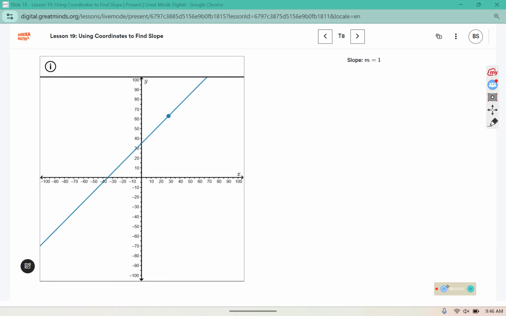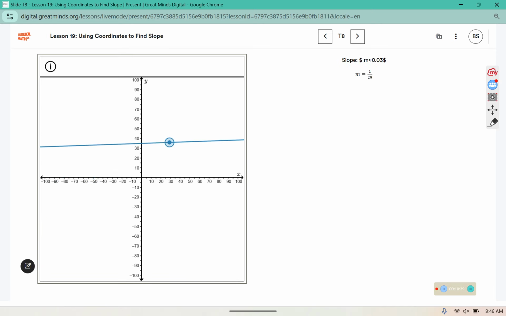Pay attention to what happens to the slope when it gets closer to being horizontal. So those decimals are getting very small. And as we get closer to being vertical, what's happening to these slopes?